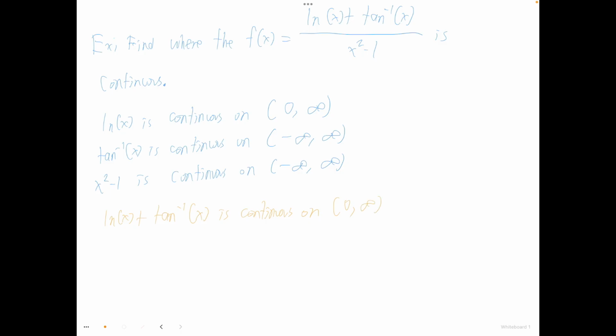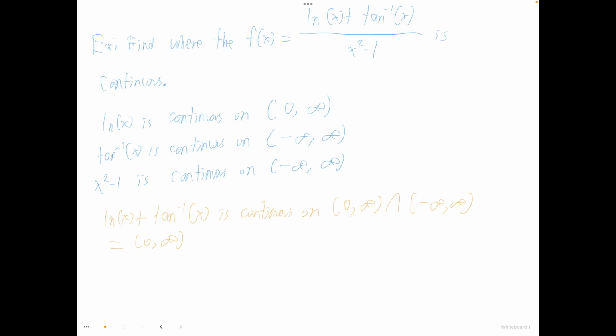So writing that in set notation, it's the intersection of the two places where they're continuous, which is equal to just 0 to infinity. And so natural log of x plus tangent inverse of x is continuous on 0 to infinity. And now we want to divide by x squared minus 1.